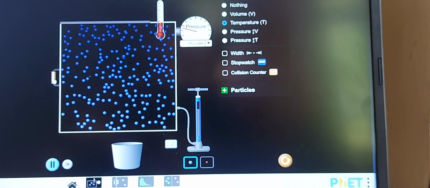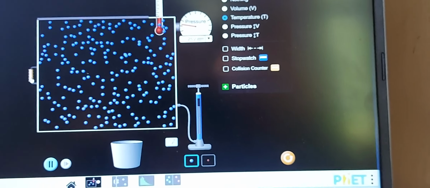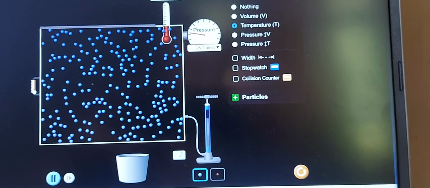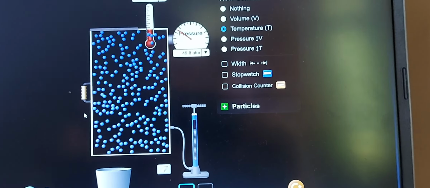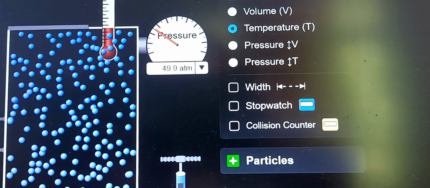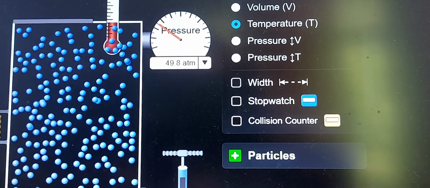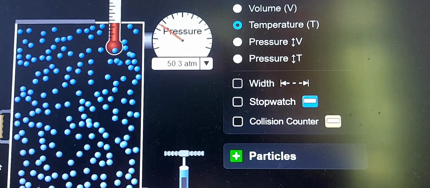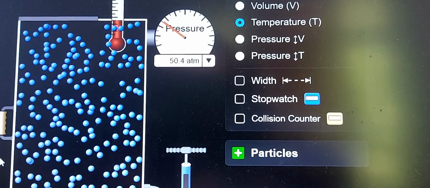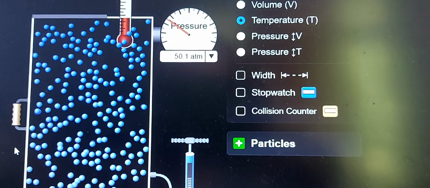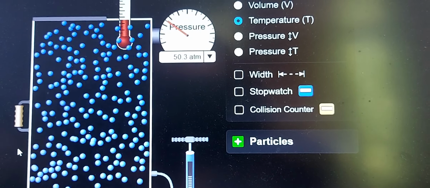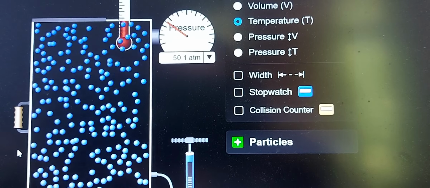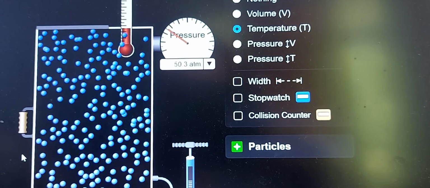Okay, so it asks what will happen to the pressure if we compress the volume. What happened is that the pressure from 26 earlier increased, now ranging around 50. This means that if the volume is decreased, the pressure increased. Right? That's Boyle's law.